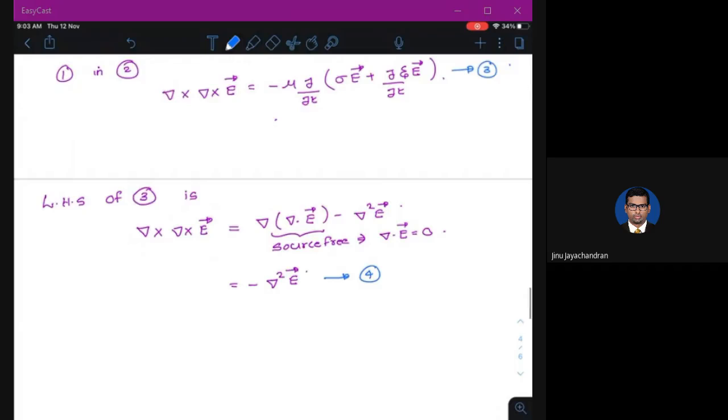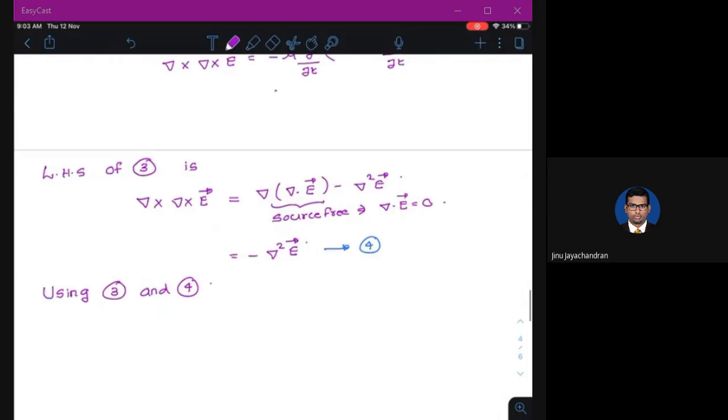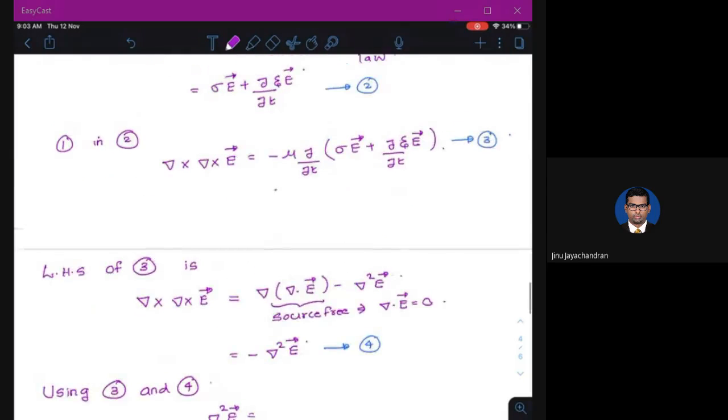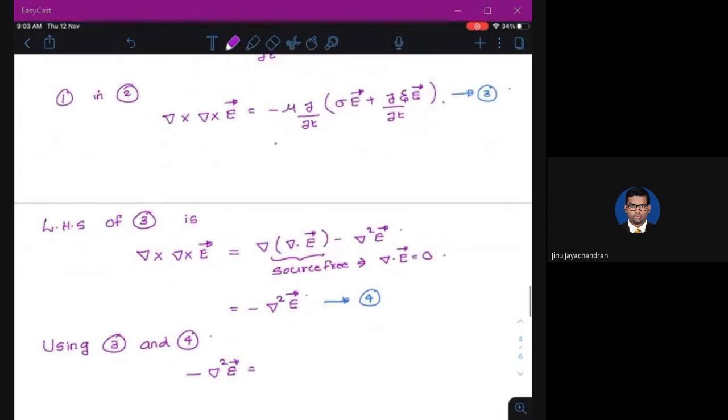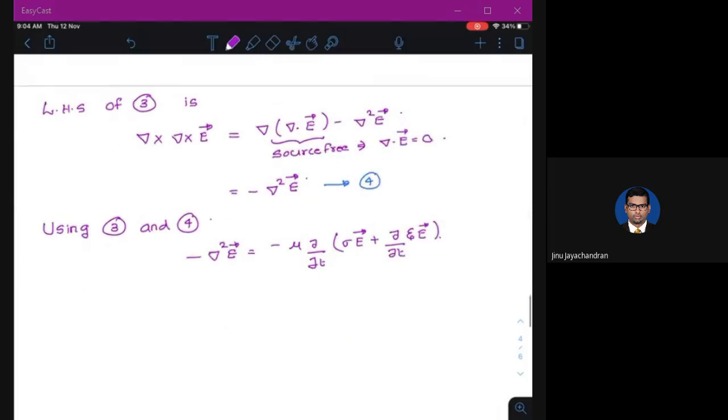So using 3 and 4, we have minus del square E is equal to minus mu dou by dou t of sigma E plus dou by dou t of epsilon E. Okay.